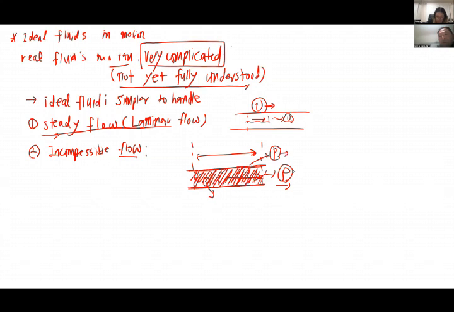That means the space between the molecules inside this fluid should not change in time.